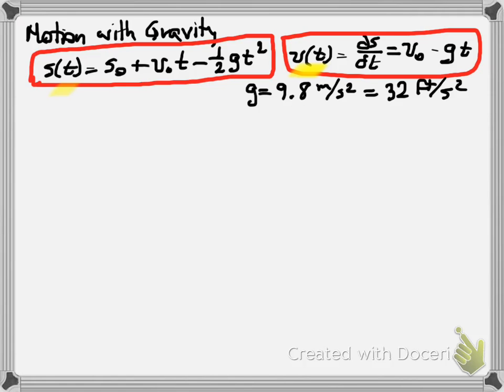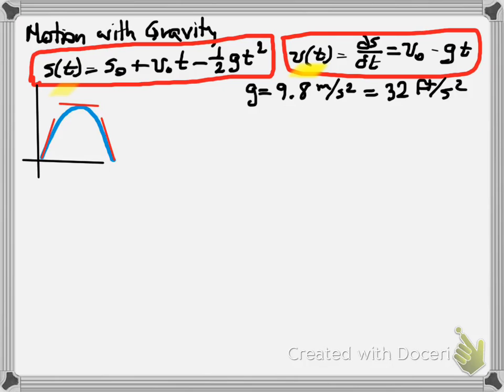If you are thinking about an object tossed vertically, if it's something really easy like this, and you throw it into the air, it will go up and down. If you think about the slopes, of course it's going up, rising, and then it has a slope which is 0 at the top, and then it's going down.